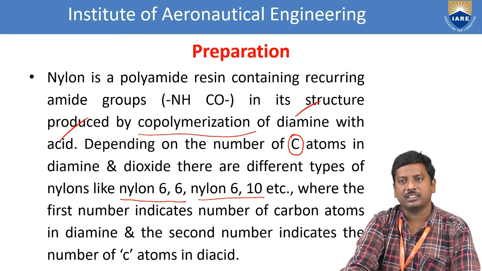That means in nylon 66, 6 carbon atoms are present in the diamine and 6 in the diacid. But in nylon 610, 6 carbon atoms are present in the diamine and 10 in the diacid. So this is about the representation of nylon 66 and nylon 610.